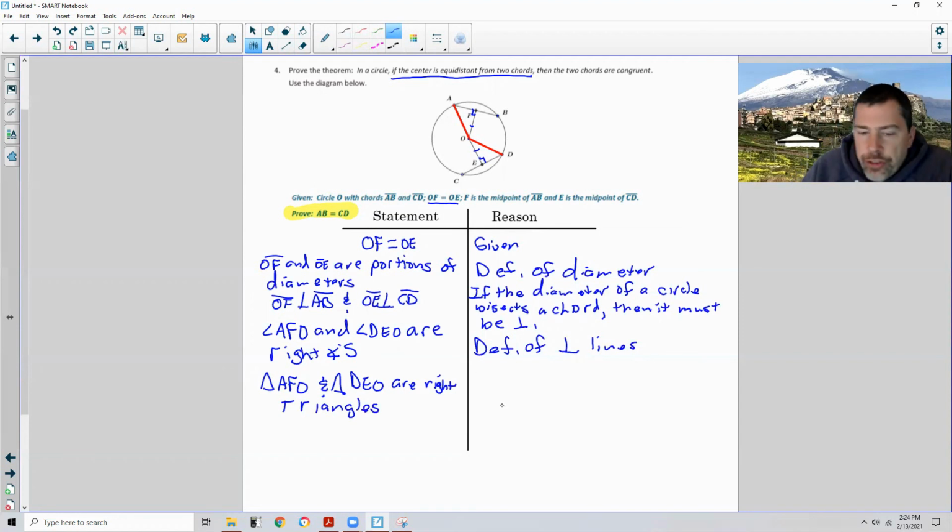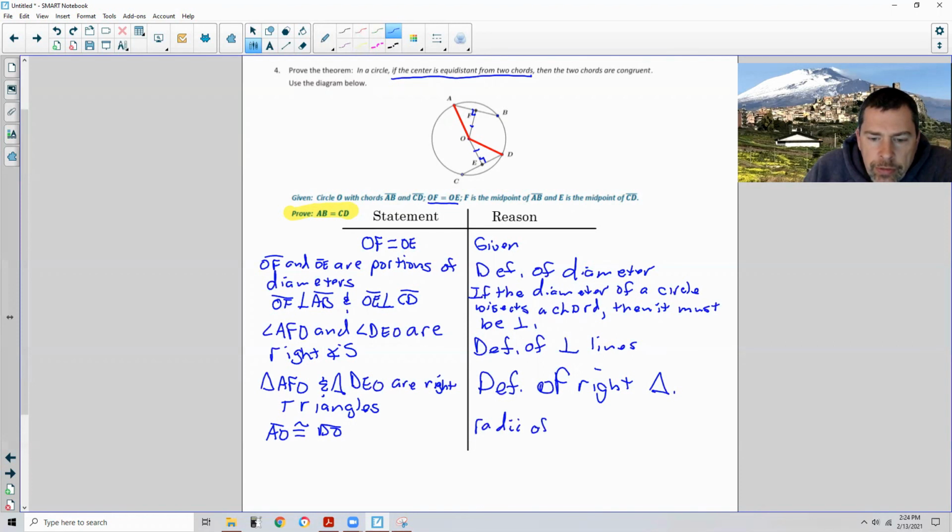And that is definition of right triangle. Okay, so we have two right triangles. We know that we have an angle equal to an angle. We have a segment, a leg equal to a leg. And now I can say AO is congruent to DO.